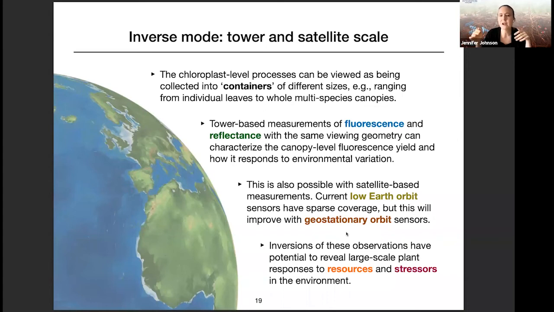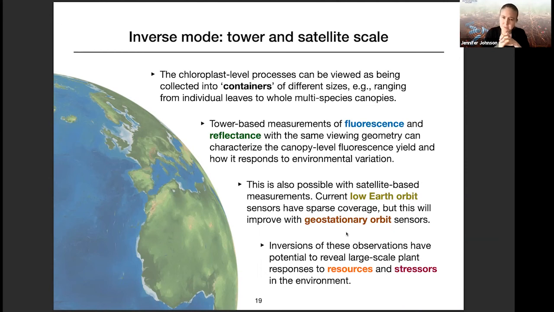Tower-based measurements of solar-induced fluorescence and of reflected light can be used to characterize the effective fluorescence yield of whole canopies and the way it responds to environmental variation. This is like what we can do in a cuvette experiment with single leaves, but with a much larger footprint.